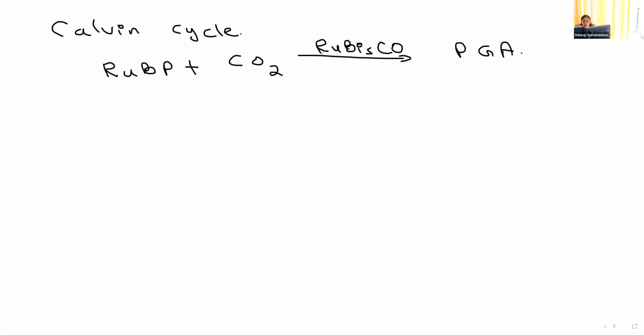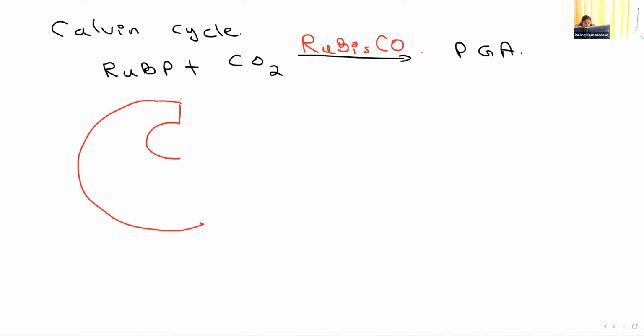Draw the enzyme. Rubisco is the enzyme. Right, so this is the enzyme with the active sites.